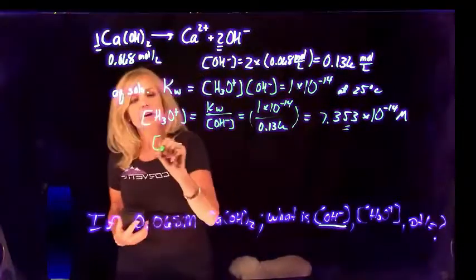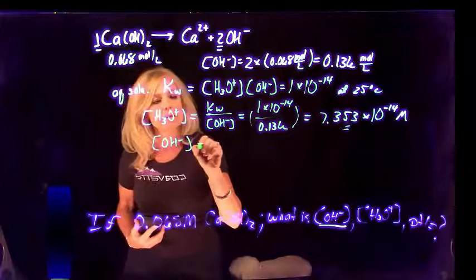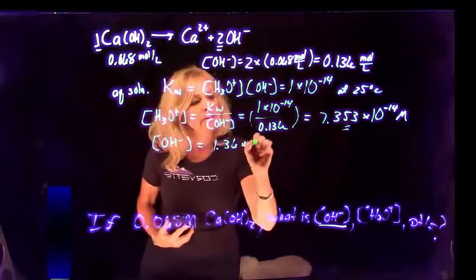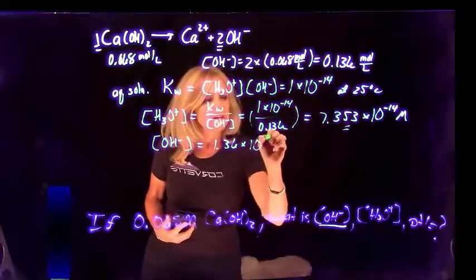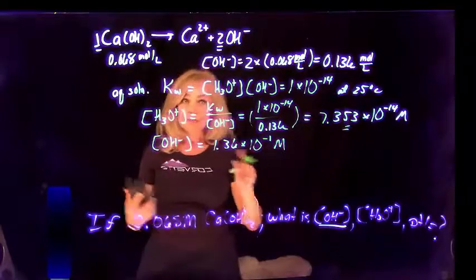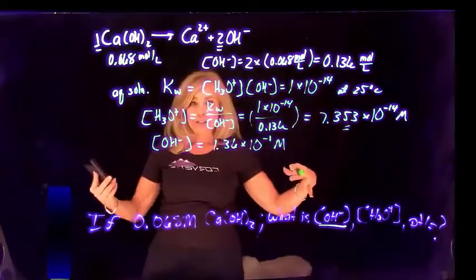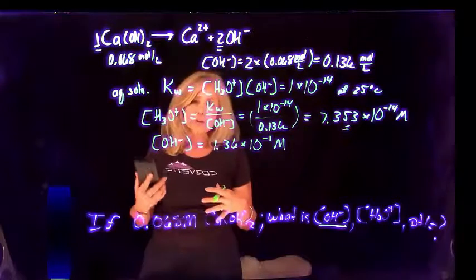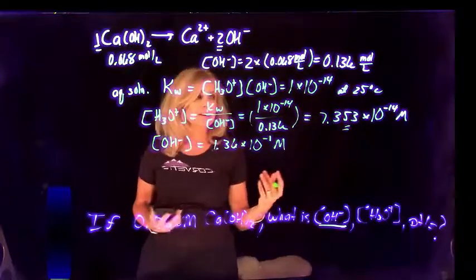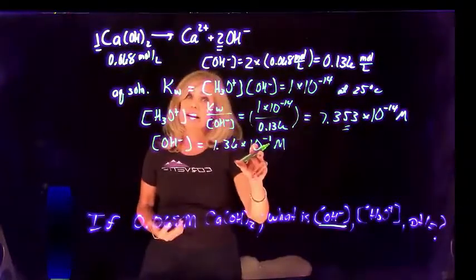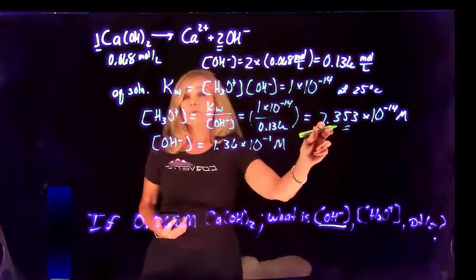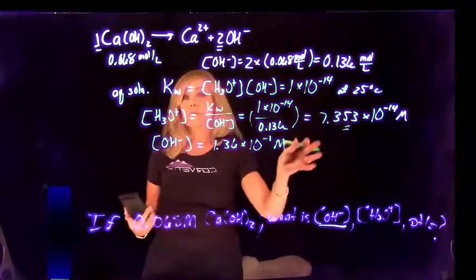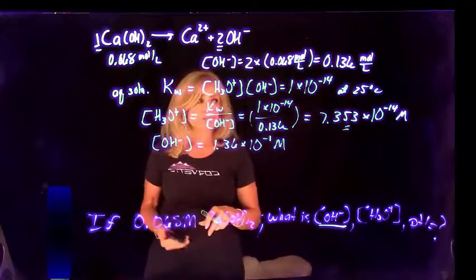And remember, the hydroxide ion concentration was 1.36 times 10 to the negative 1 molar. So on the pH scale, this is much bigger than 10 negative 7 neutral, and this is much smaller than 10 negative 7 neutral. That's what we would expect, strong base in solution.